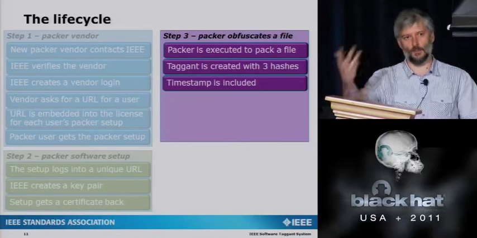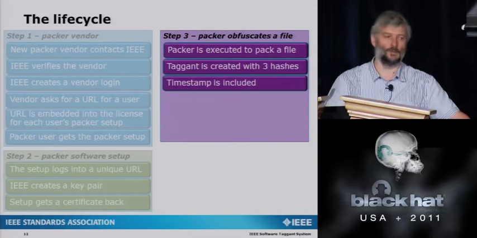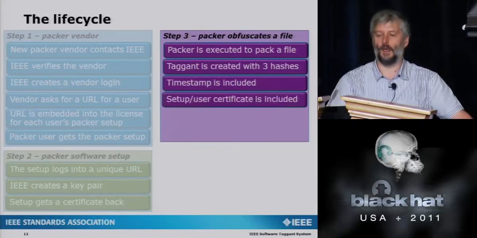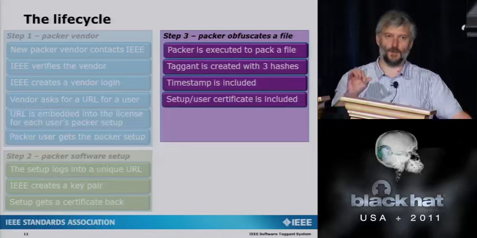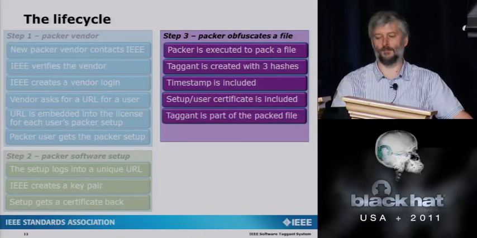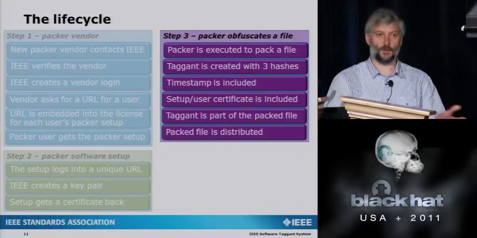But we know that Bob always was good, so we don't apply this time check to a particular source of packed files and files with taggants. Then the certificate for this particular install is included in the taggant, and the taggant is written into the packed file. And that packed file can be distributed.